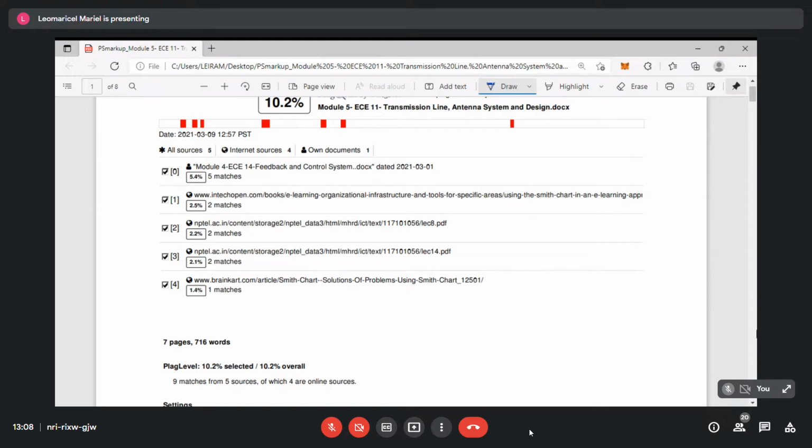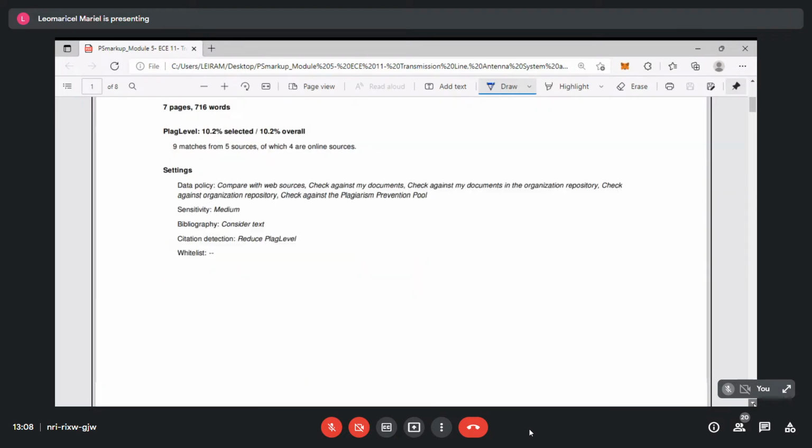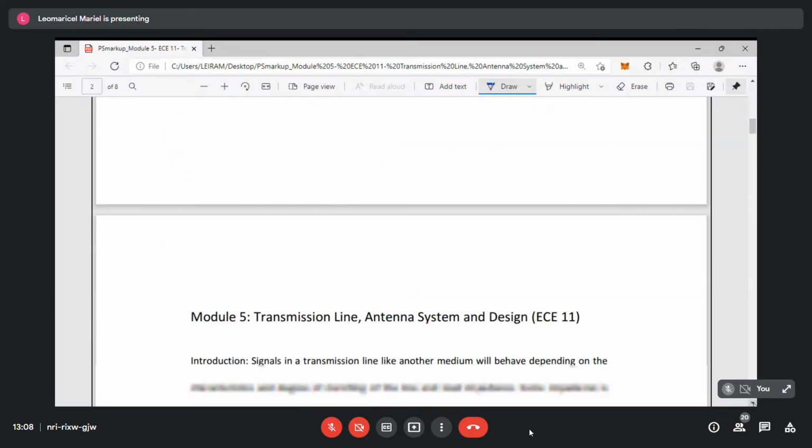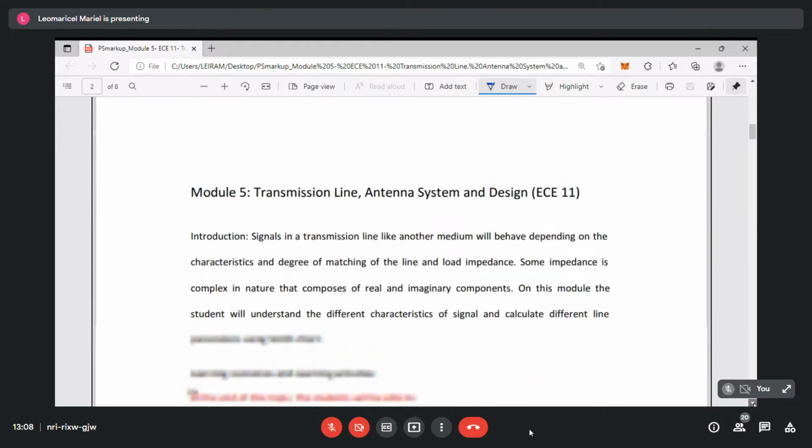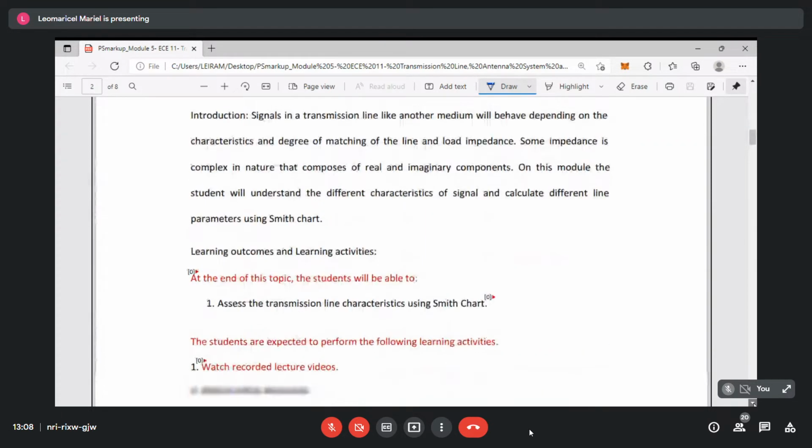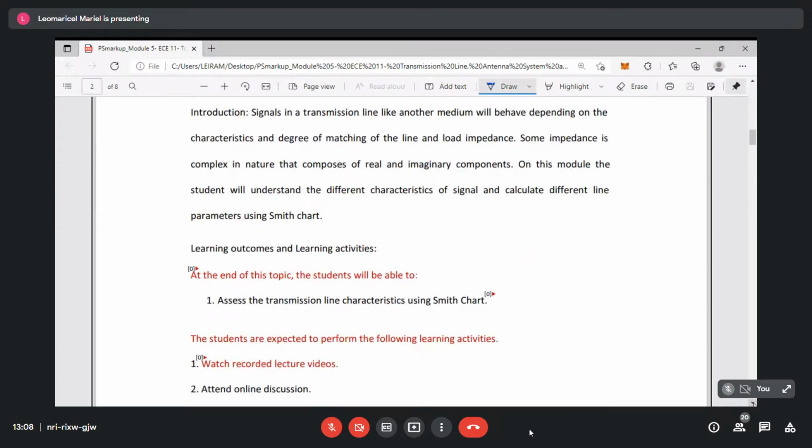But now, there is another way of determining these values or parameters. This is the so-called Smith chart. Signals in a transmission line, like in another medium, will behave depending on the characteristics and the degree of matching of the line and the load impedance.